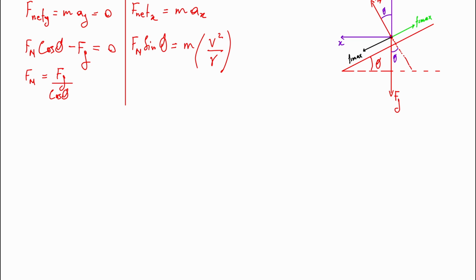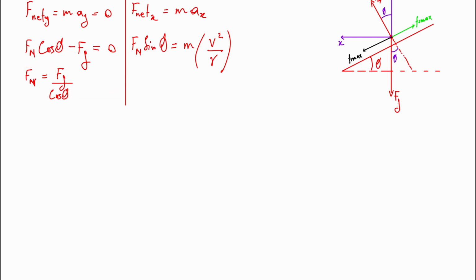And then from here on, we can use this fact here, that Fn, the magnitude of the normal force, is equal to the force of gravity divided by cosine. Substitute this fact into this equation.